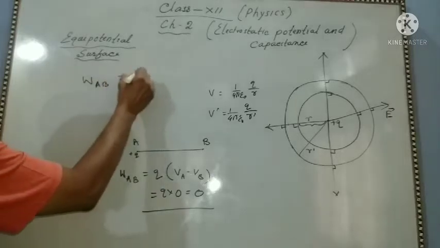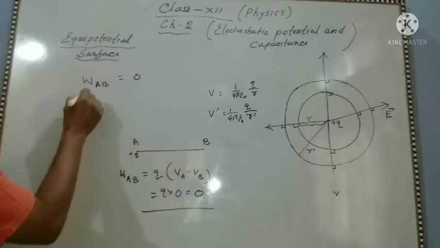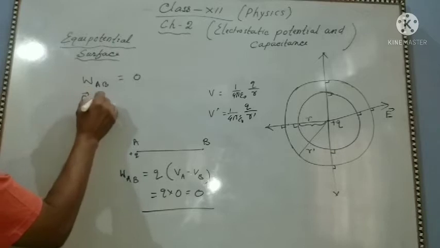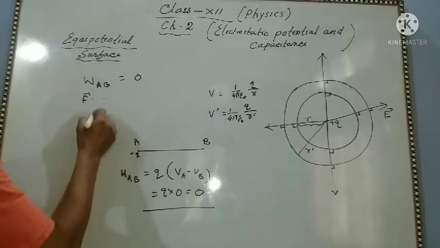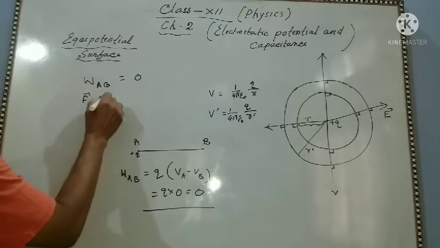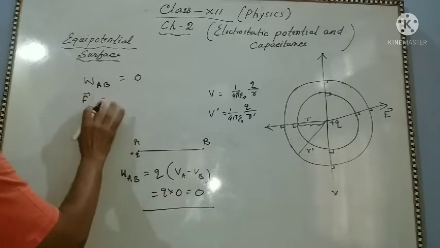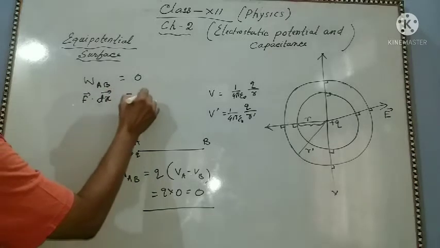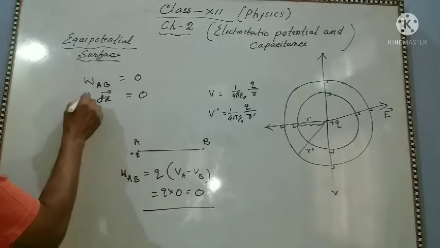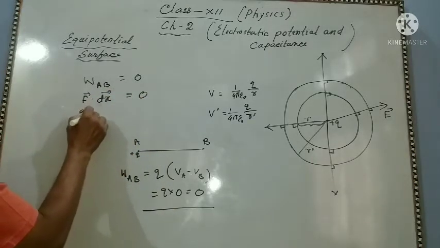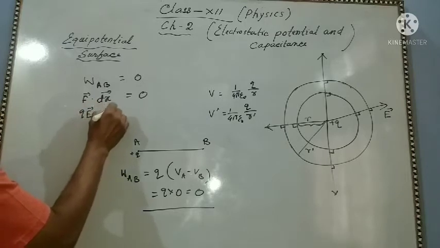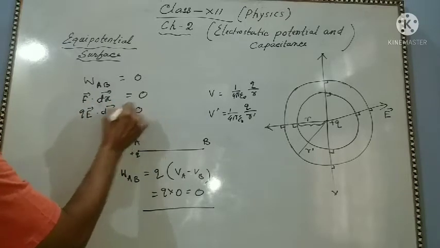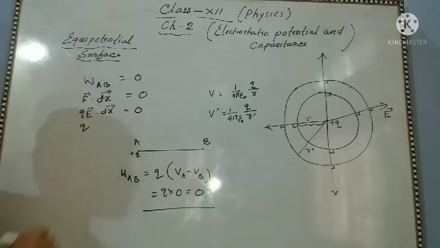From this you can show that W AB equals 0. What is W? F, force, into displacement. Suppose this displacement is dx. Now what is F? F is Q into E, and the dot product gives cos theta.